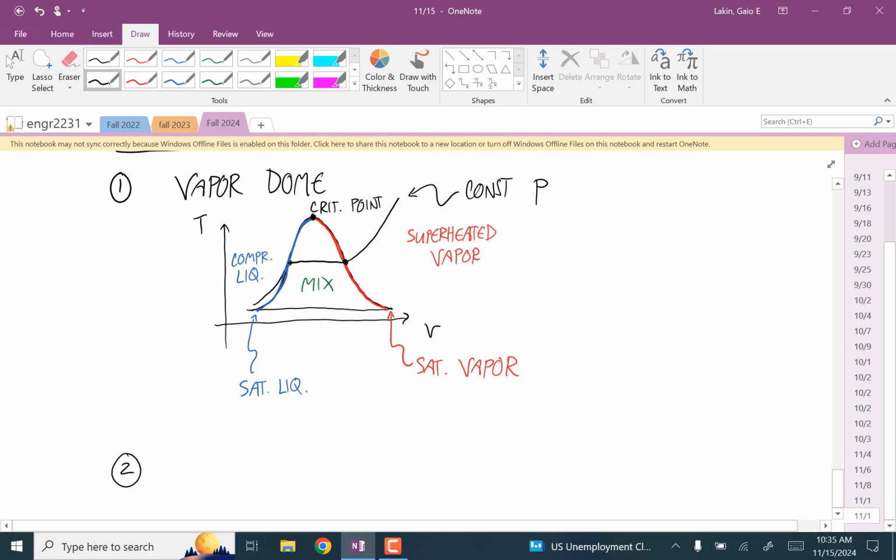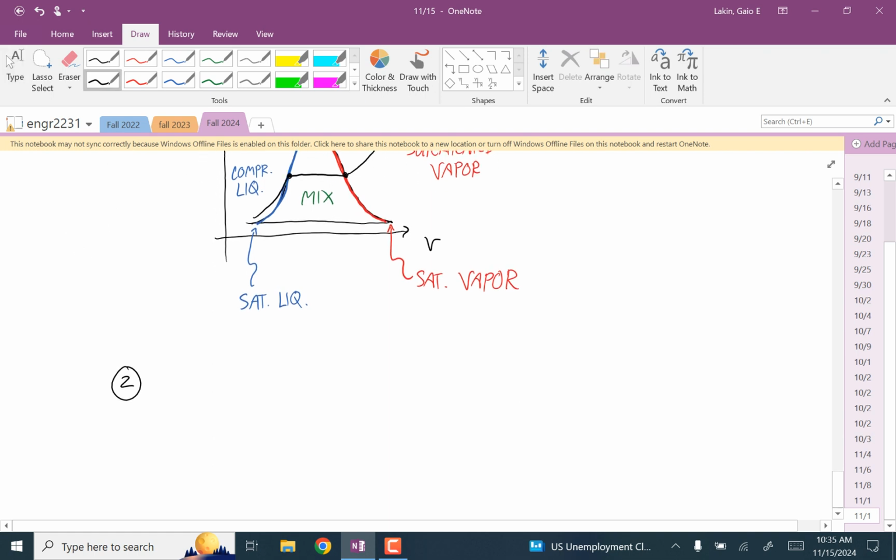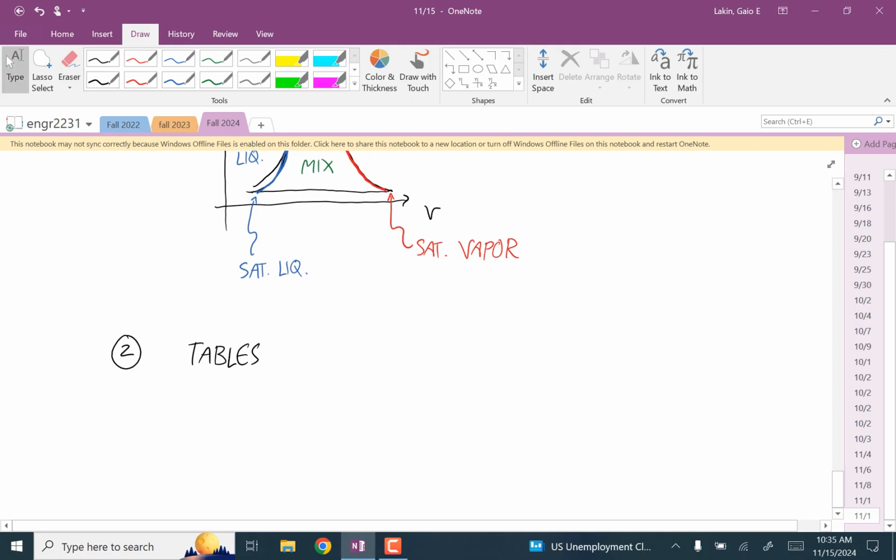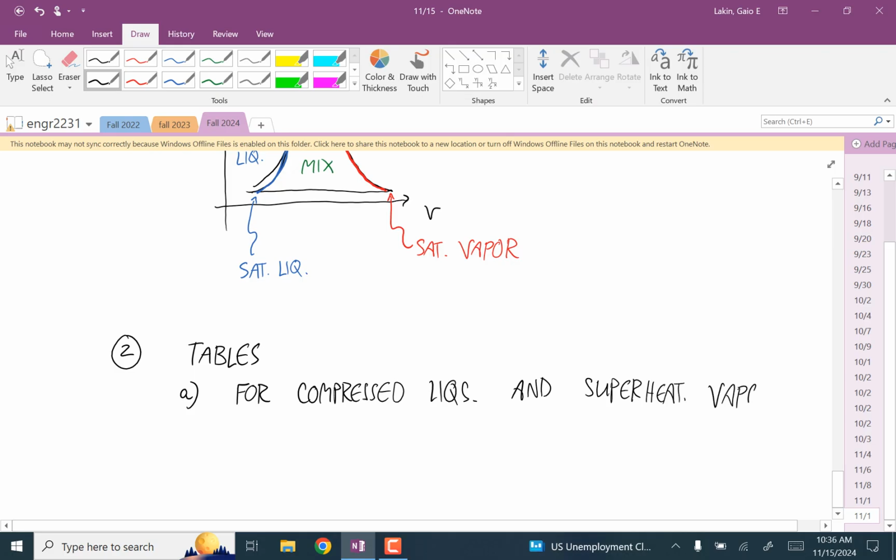Second, related to tables, for using tables, you know that for compressed liquids and superheated vapors, you need two properties to define a state.